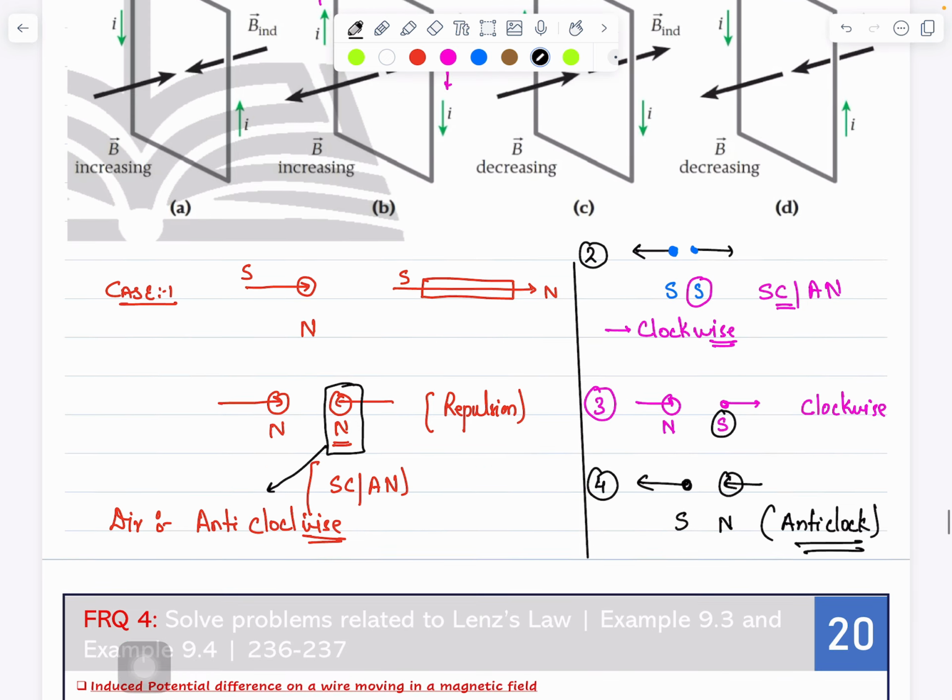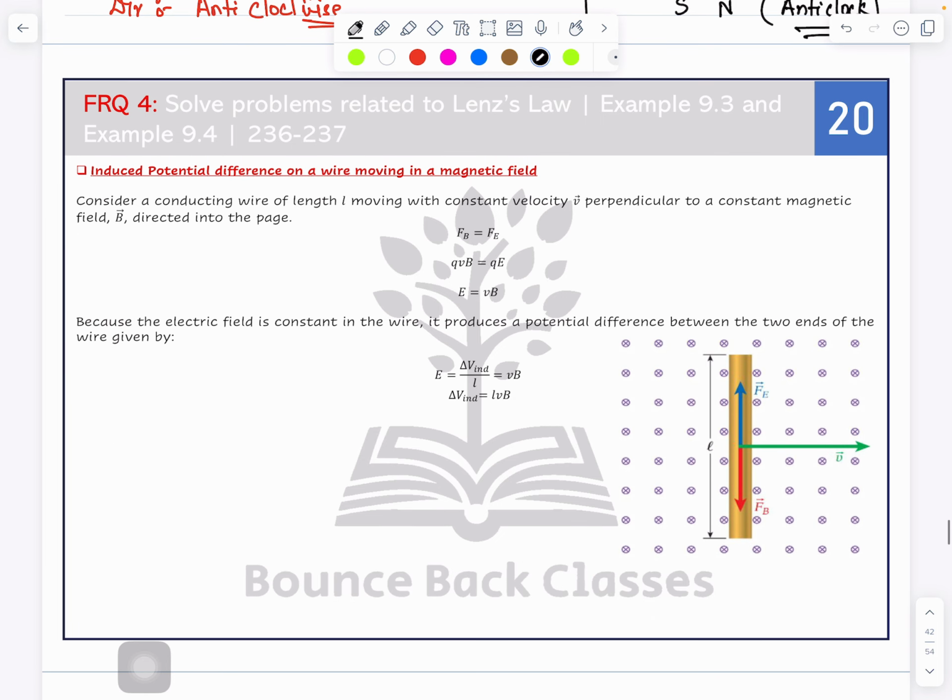Easy. Okay. Now the next point is to solve the problem related to Lenz's law. This is very simple. You need to understand. We know that we have different types of forces. We have the magnetic field. Magnetic field produces electric field, and the change in electric field produces the magnetic field. So keep both the forces same. In terms of magnetic field, the force is QVB sine theta.